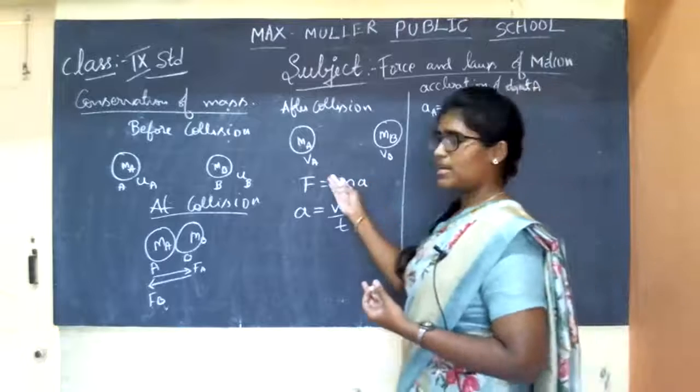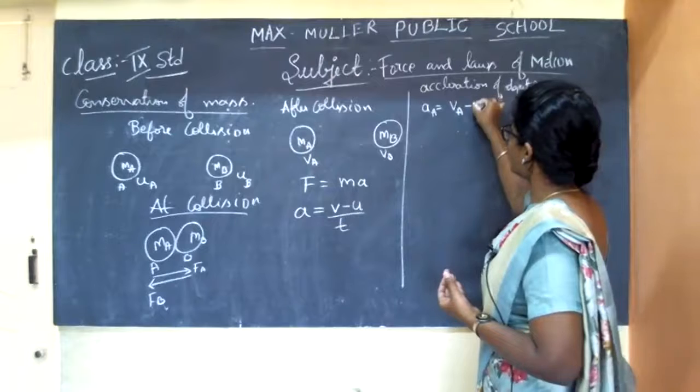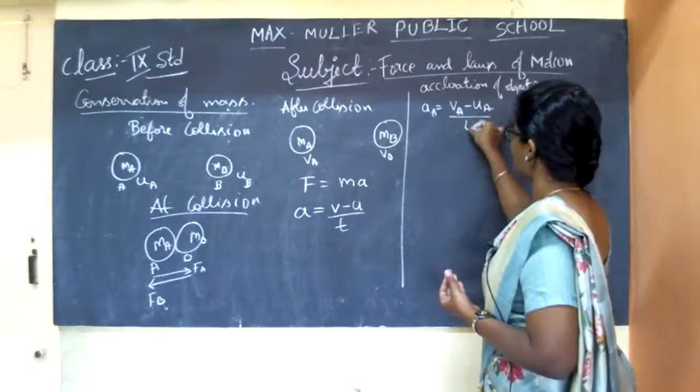The final velocity minus the initial velocity: vA minus uA, divided by t.